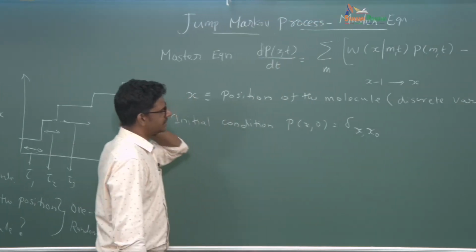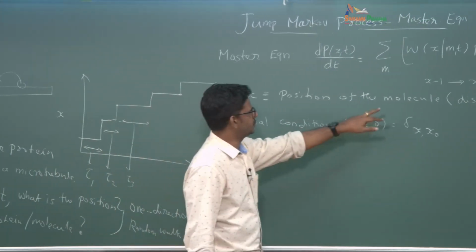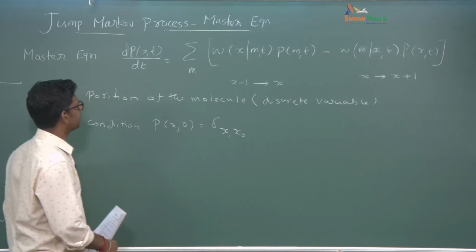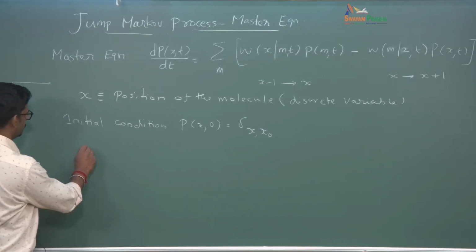So now we have to write this only for these two events. So we have dP.